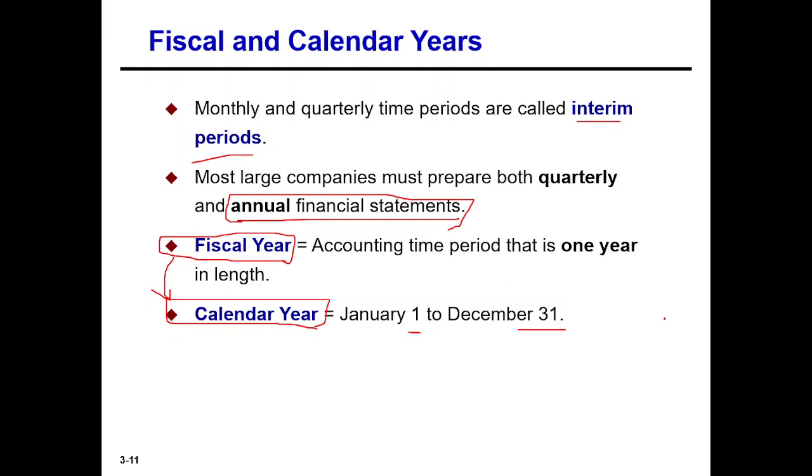But it could also be different. بعض الكومبانيز ممكن تعمل financial statement starting in July and ending in June of the next year. It is a complete year, 12 months. But in this case, we call it fiscal year, and it is not always equal to the calendar year. They will be equal if the company's fiscal year starts January 1 and ends at the end of December.